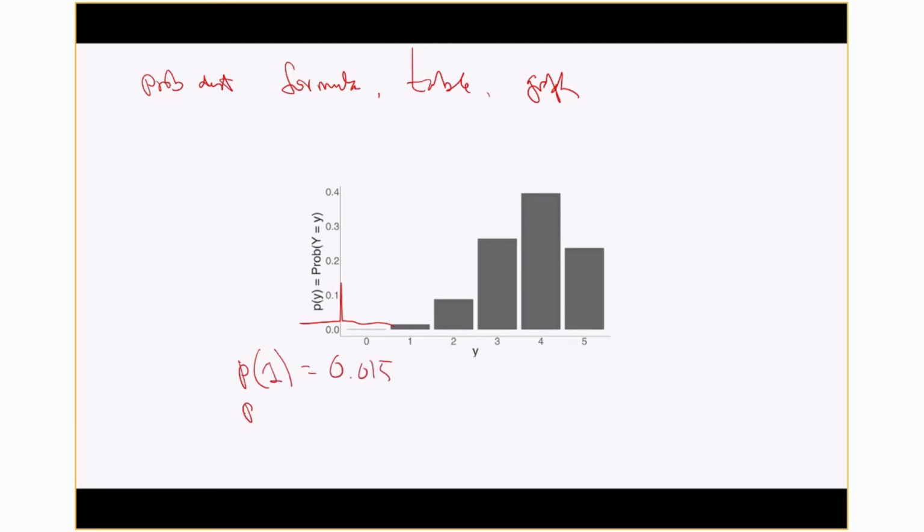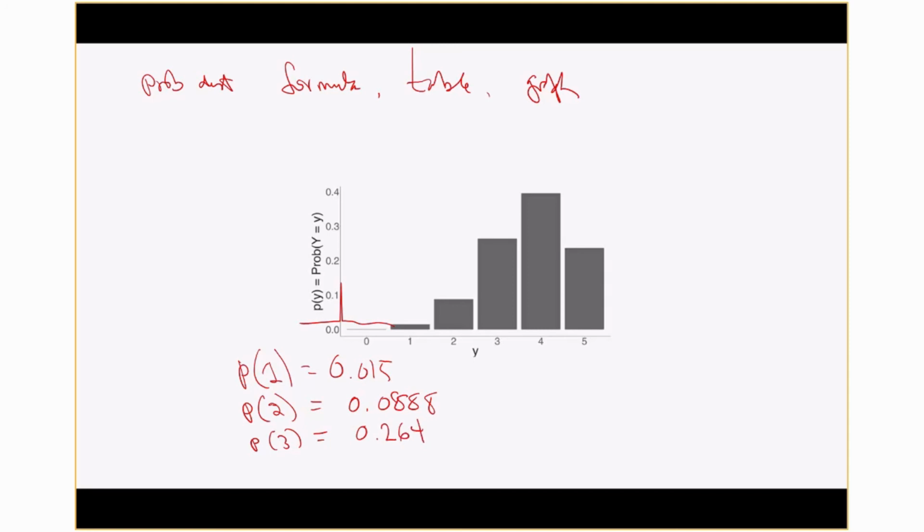The probability when we do the experiment of observing 2 red balls is going to be 0.088. And the probability that the random variable capital Y is equal to 3 when we do the experiment is going to be 0.264.